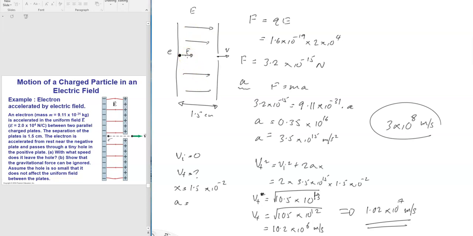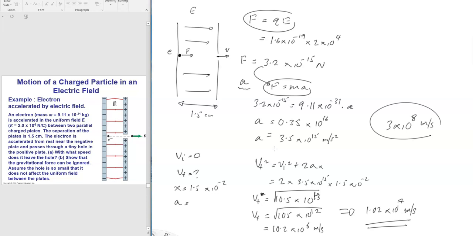Based on the charge, it creates a force. That force creates acceleration. That force you calculated is what goes here, and that gives you the acceleration. With acceleration, you can find the final speed. You can even find how long it takes to go from one place to the other. It's a fraction of a second, right?